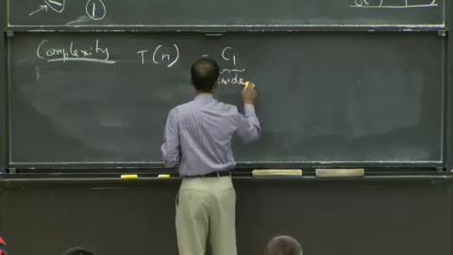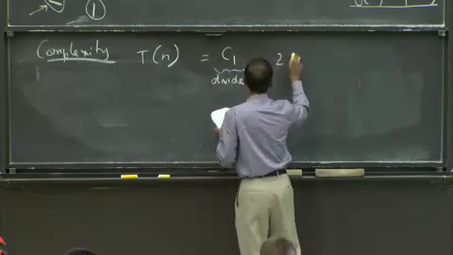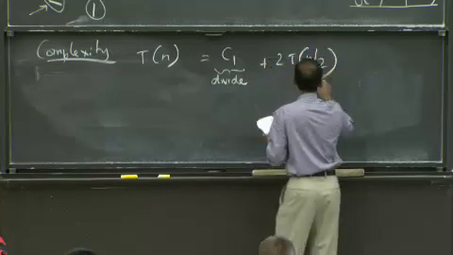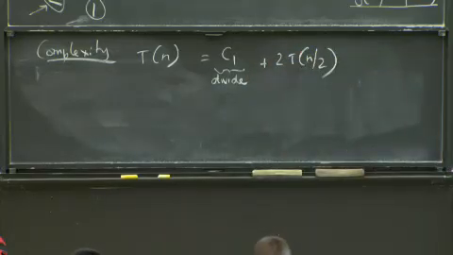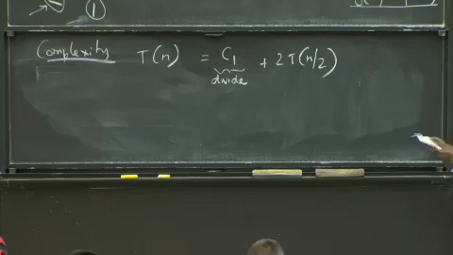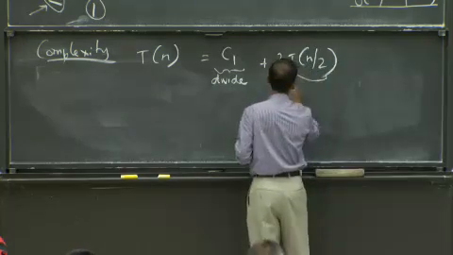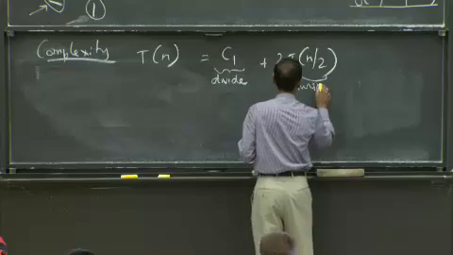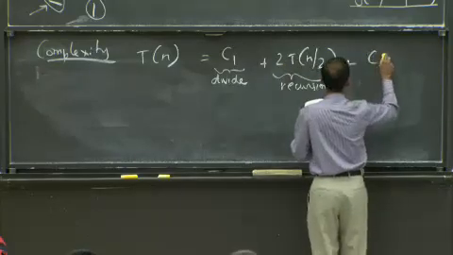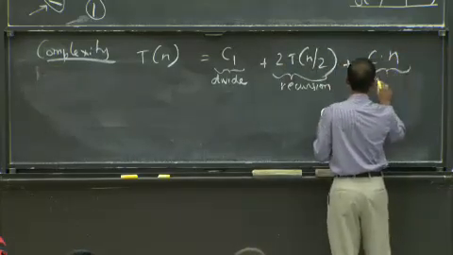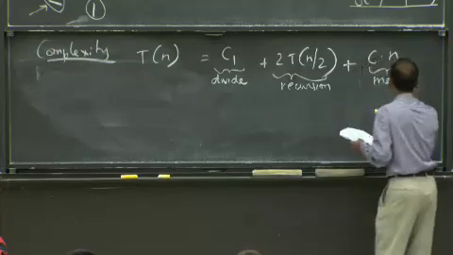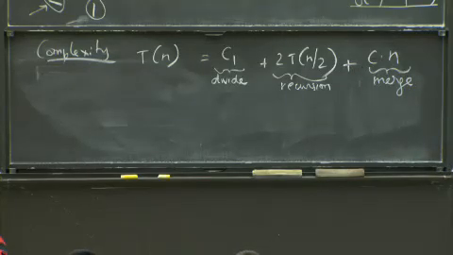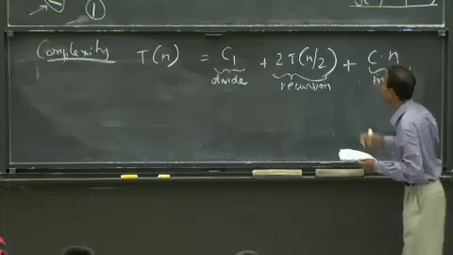So this could be the part corresponding to dividing the array. And there's going to be two problems of size n over 2, and so I have 2T of n over 2. And this is the recursive part. And I'm going to have c times n, which is the merge part. Okay? And that's some constant times n, which is what we have here with respect to the theta n complexity.